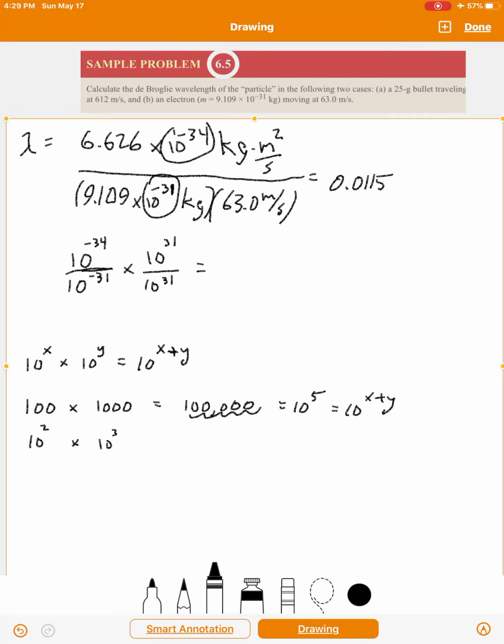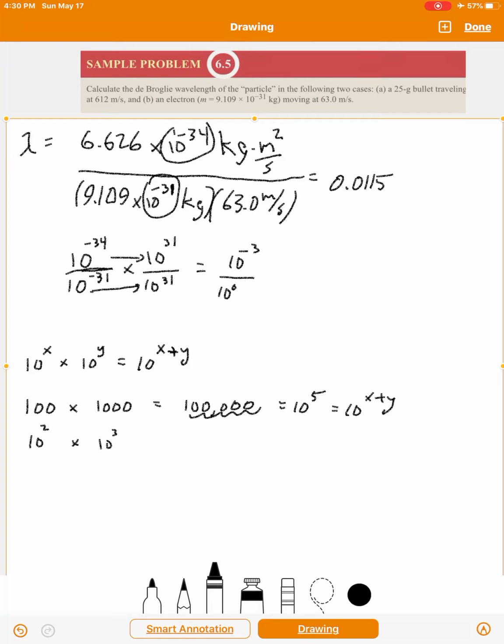So the same thing here. 10 to the negative 34 times 10 to the positive 31, negative 34 plus 31 would be negative 3. So this would be 10 to the negative 3. And then in the denominator, you would have 10 to the negative 31 times 10 to the 31. Negative 31 plus 31 is 0, so you get 10 to the 0.